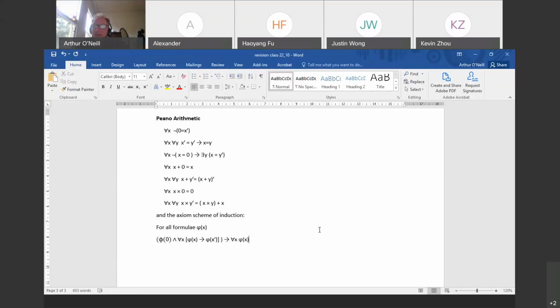So that's a scheme. That's actually effectively enumerable. So long as you've got a list of properties, you can effectively enumerate from that list each instance of that axiom scheme, because you just plunk in each property.